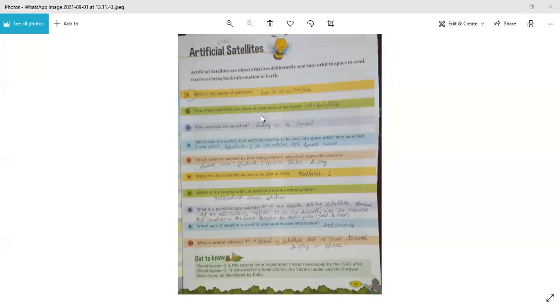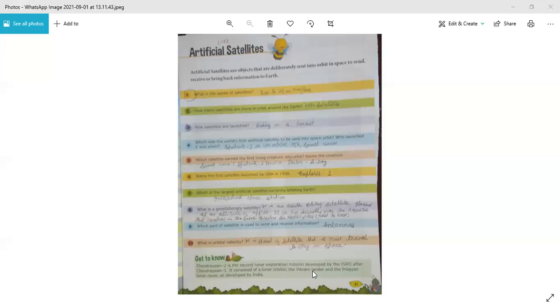Now the next question you have to learn is, what is orbital velocity? Orbital velocity is the speed a satellite must travel to stay in space. In this chapter you also have to learn that Chandrayaan 2 was the second lunar exploration. You learned this fact in the ISRO chapter also, in revision test 1.